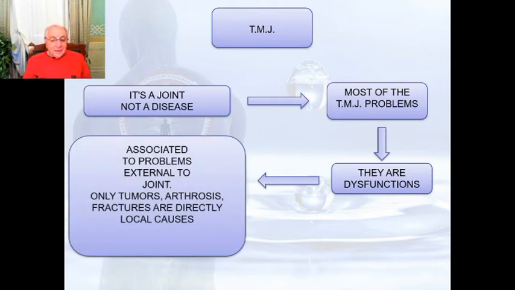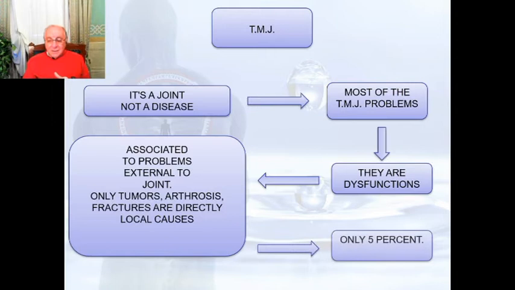Most of them are associated with problems outside of the joint. Only tumors, arthrosis, and fractures are local causes. Most of the TMJ disorders originate outside of the TMJ.